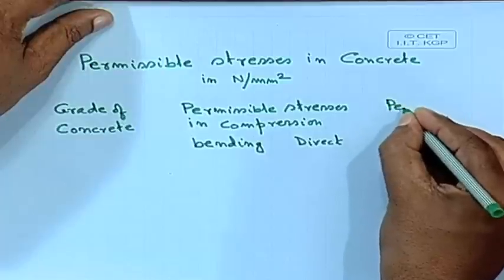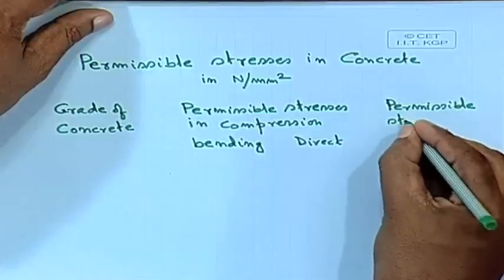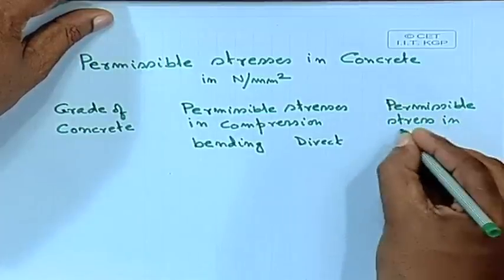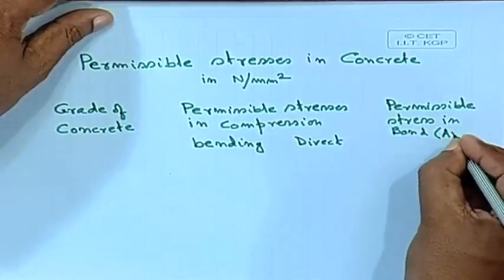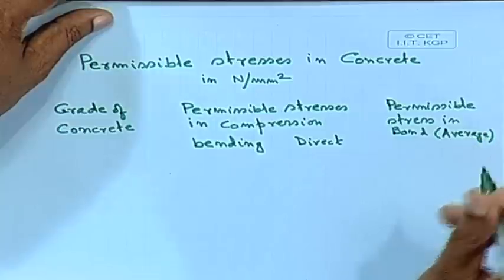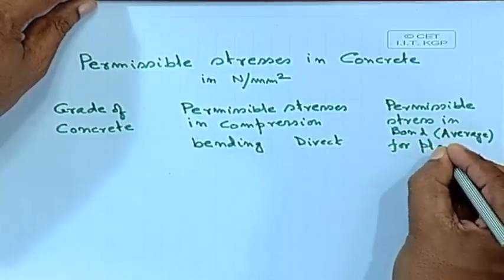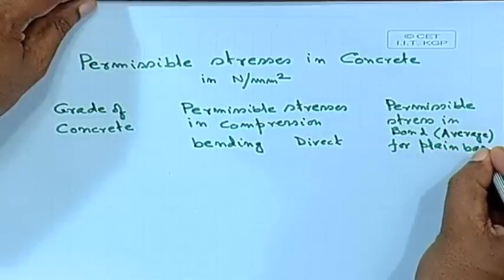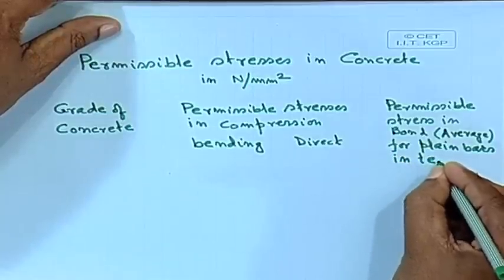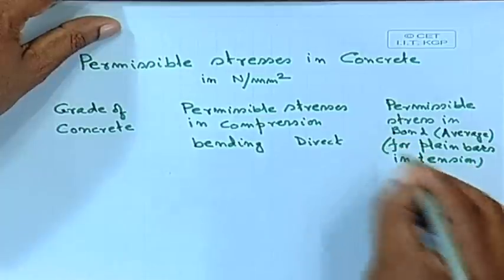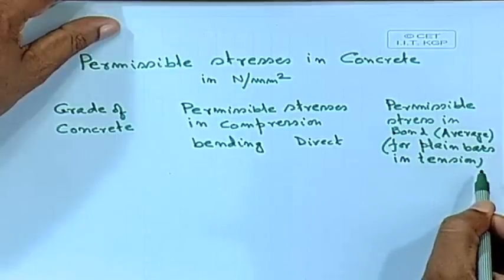And permissible stress in bond, the average value for plain bars in tension.